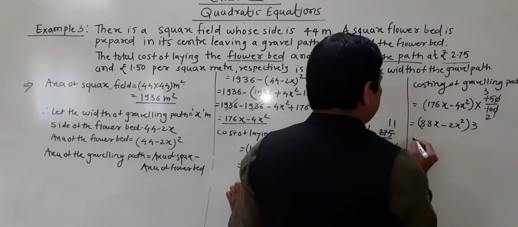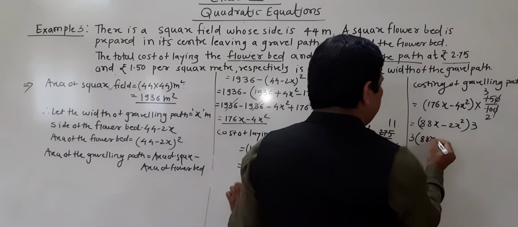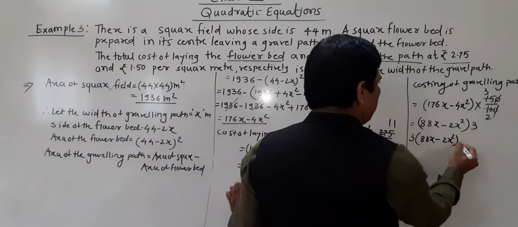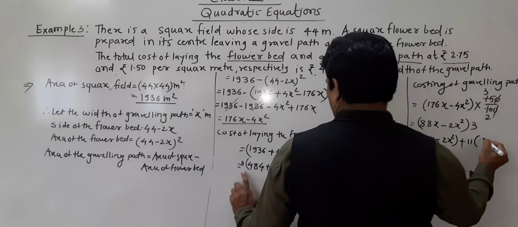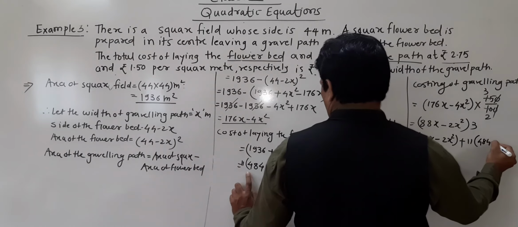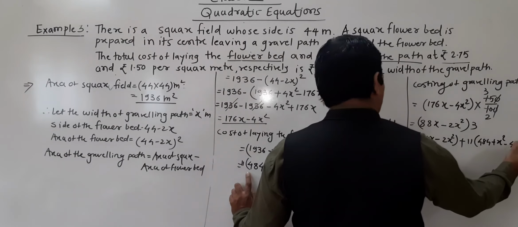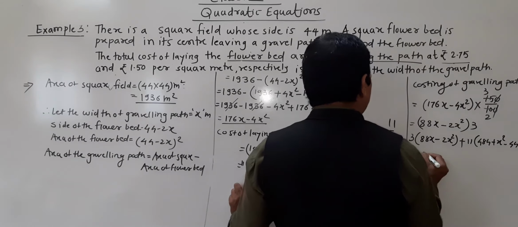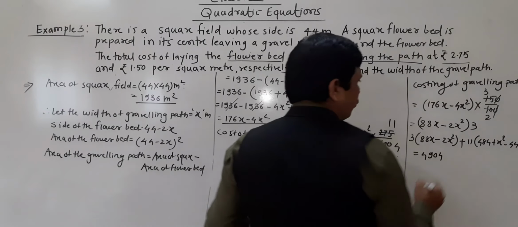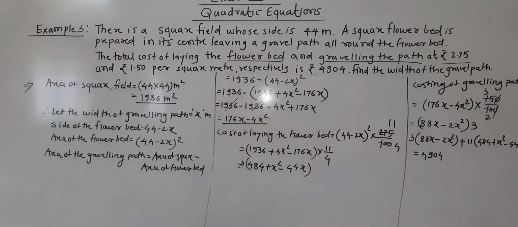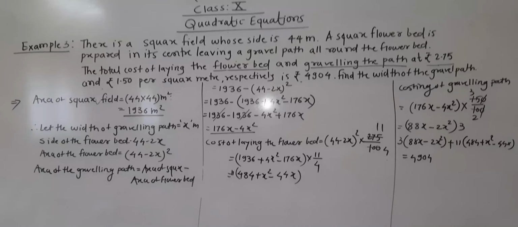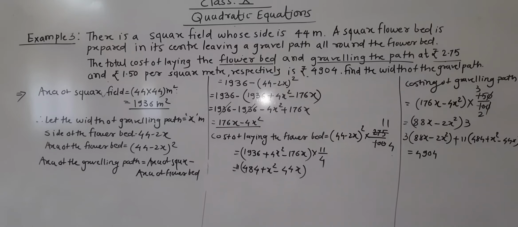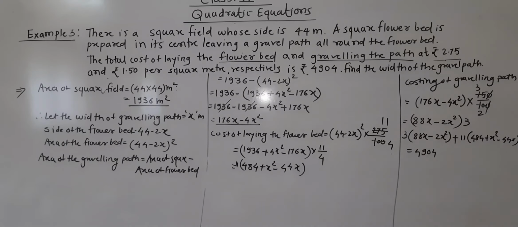So total costing is 3 into 88x minus 2x square plus 11 into 484 plus x square minus 44x is equal to 4904. Okay, so that I am taking now here this side.